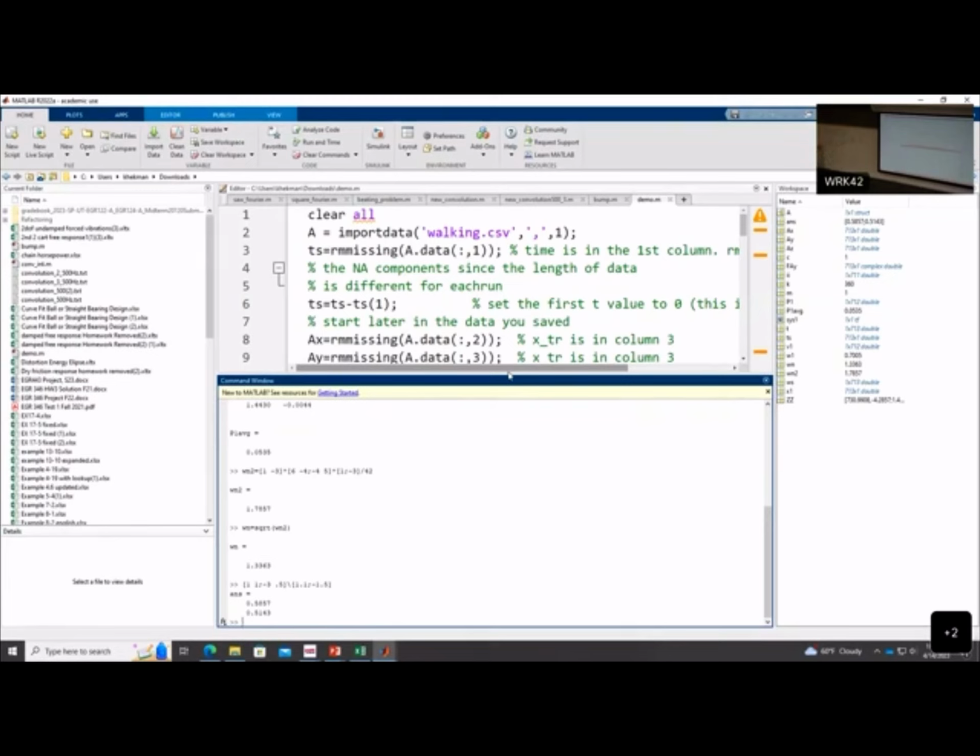And x2 of t is negative 3 times 0.586 cosine 1.34 t plus 0.5 times 0.514 cosine 3.4 t. So there was a problem similar to this on the second test. Last year there was a problem like this on the second test, so it showed up on the final.